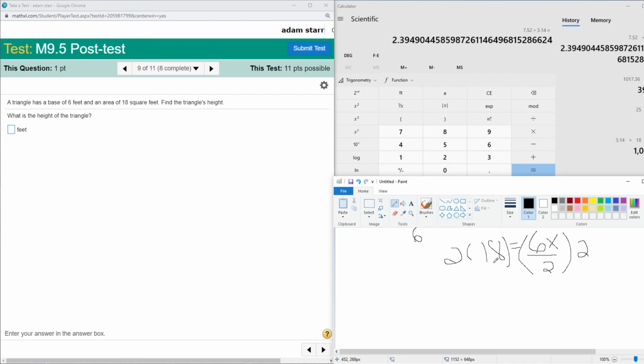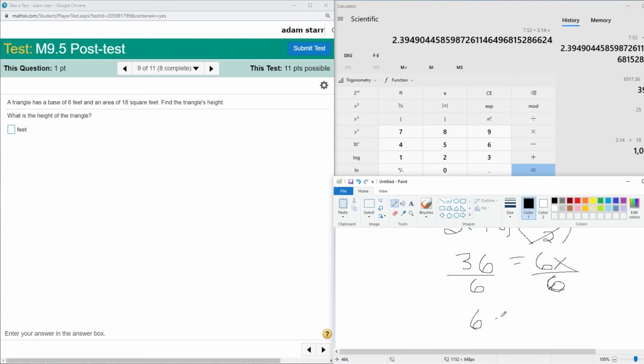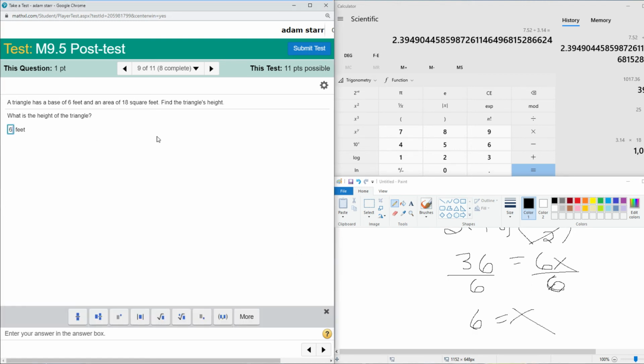So I have 2 times 18 here, which is 36, equals 6x. Here the 2 and the 2 will cancel each other out. So I have 36 equals 6x. I'm going to divide by 6 on both sides and get 6 is equal to x. So my height here is 6 feet.